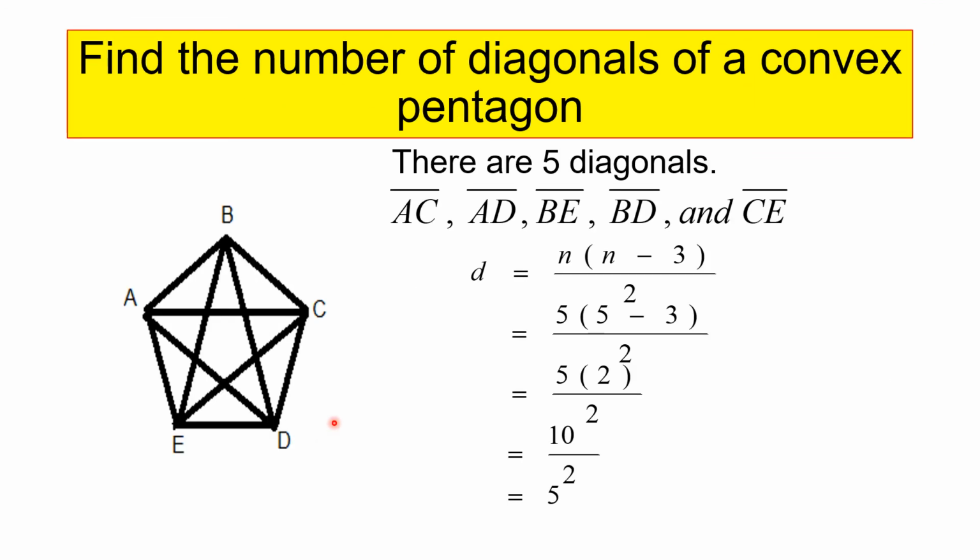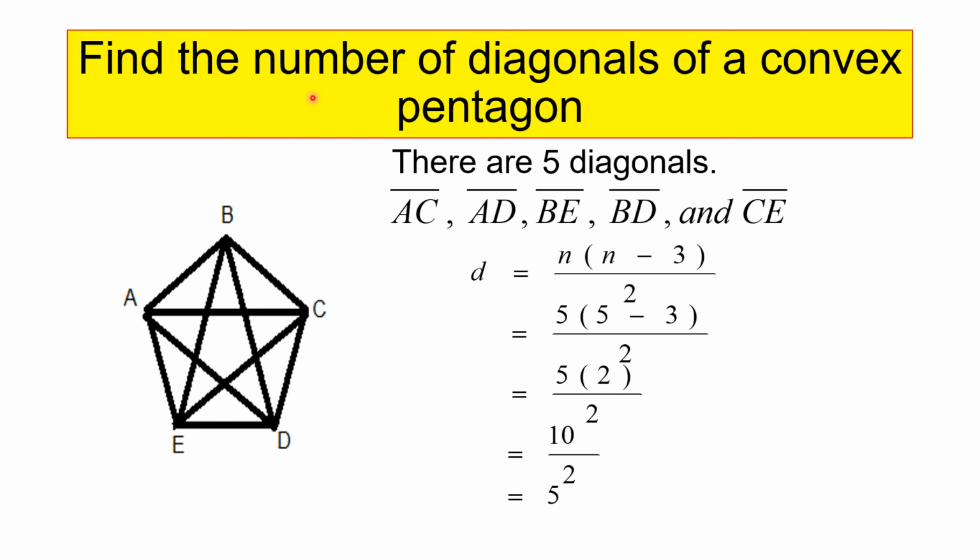We need to find the number of diagonals of a convex pentagon. So there are actually 5 diagonals. We have segment AC, segment AD, segment BE, segment BD, and segment CE. So we have 5 diagonals.